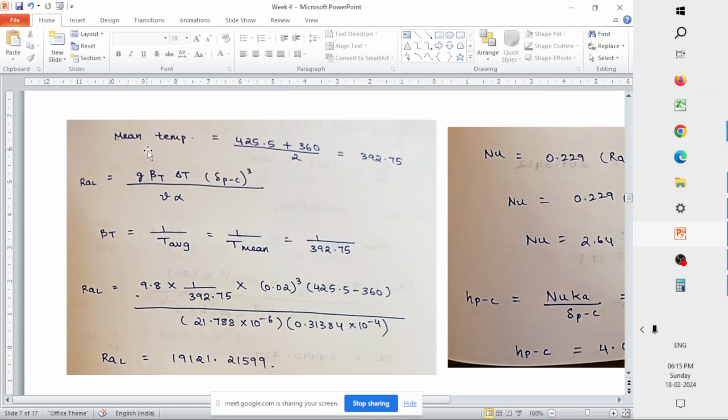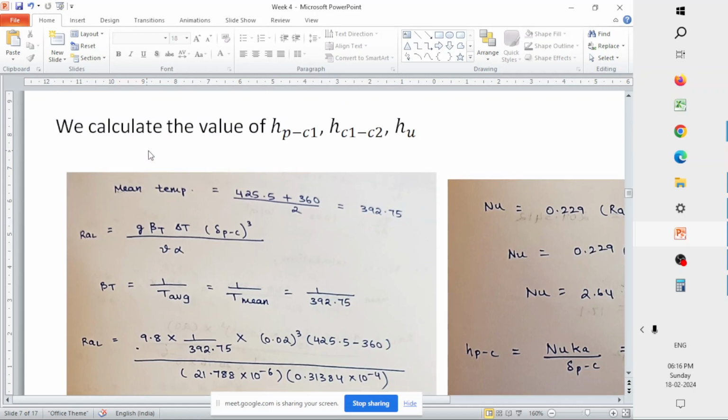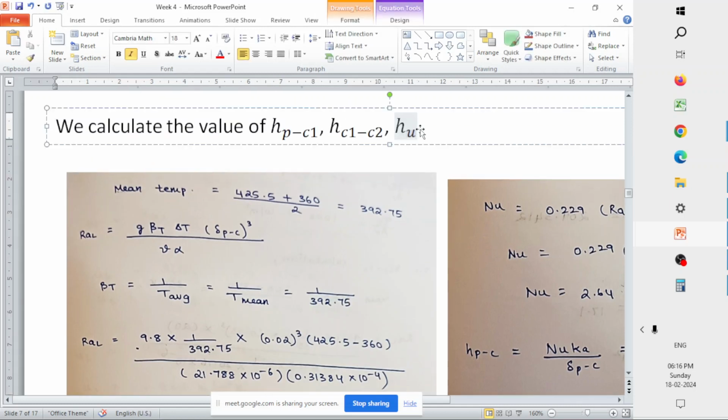your flat plate, your absorber plate, but unfortunately you do not have an idea of what is Tc1 and Tc2. So for that also we actually make an assumption here. We assume the value of Tc1 and Tc2. Just a minute.